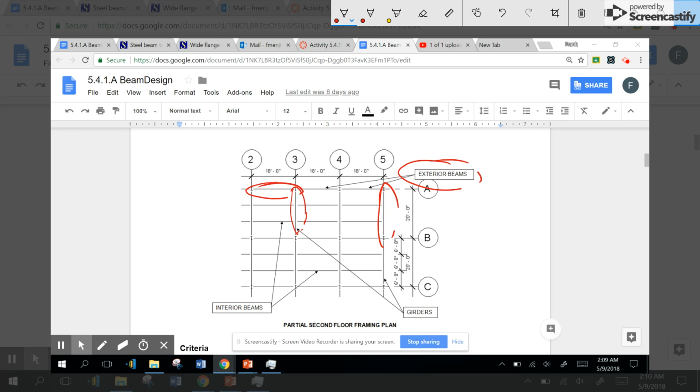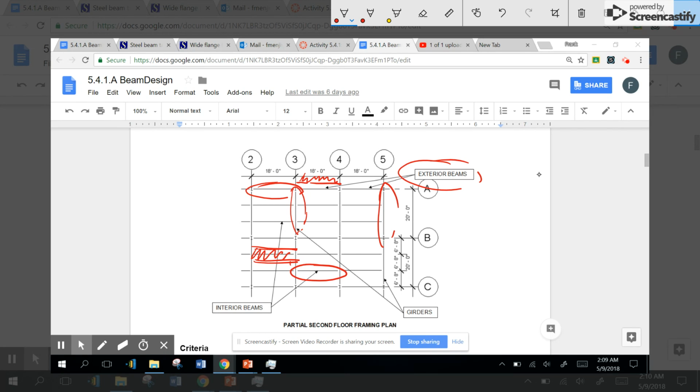The exterior beam is going to be very similar to my video for the interior beam. The only difference is instead of the tributary width being half of the top and half of the bottom section, it's going to be only half of the tributary width. So I'm going to tell you it's going to be very similar. You could almost follow along kind of step by step.